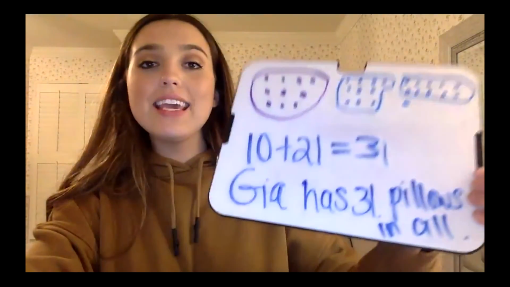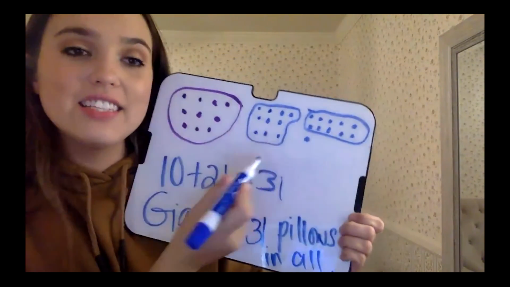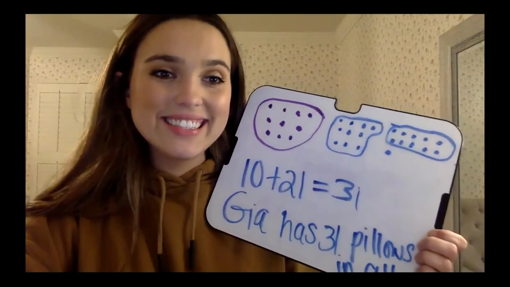Gia has, we're going to say Gia has how many pillows in all? What was the answer? Has 31 pillows in all. All right, so you can see there is our answer in word form, and there is how we did it.